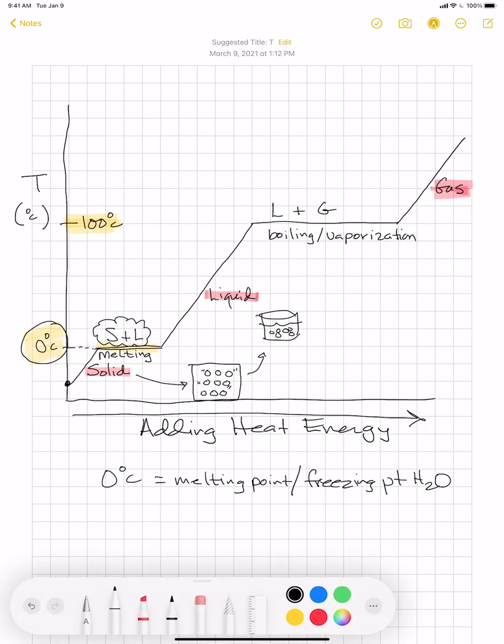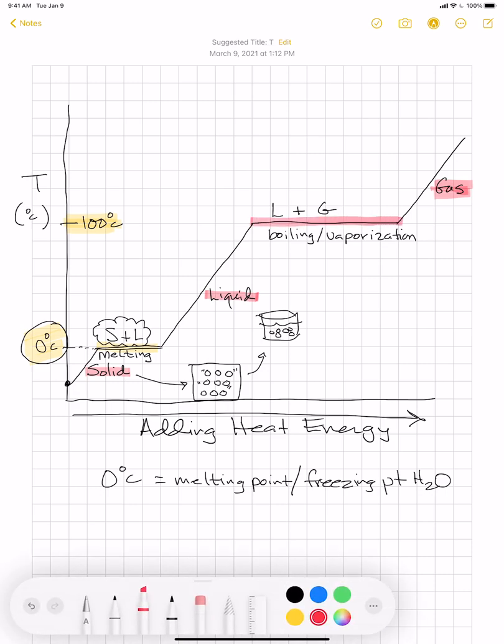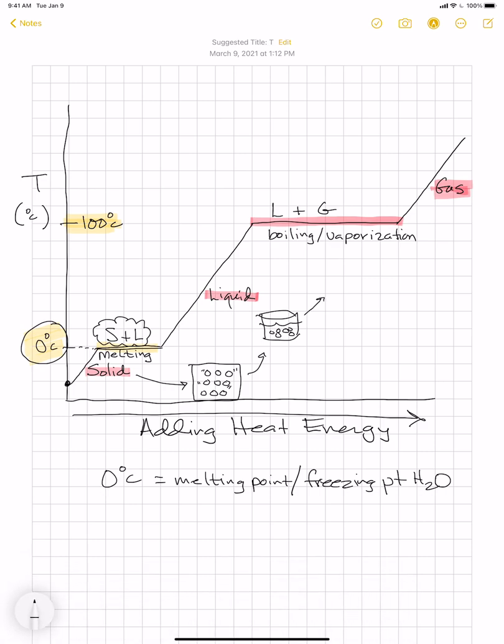Now, if you look up here at the plateau that's between the liquid and the gas state, it seems a little bit strange that it's so much larger than the one that's down here for melting, okay? And the explanation for that is that to go from being a liquid to a gas, okay, I gotta trap the gas in a balloon here.